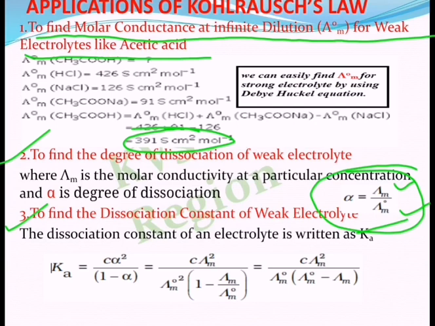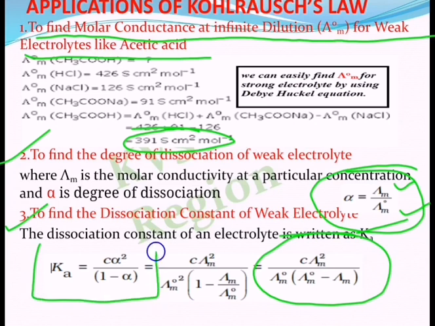The dissociation constant of an electrolyte is calculated with this formula, which you remember from 11th class: Ka is equal to C alpha square upon 1 minus alpha. And finally we reach this formula: C lambda m square upon lambda naught m times (lambda naught m minus lambda m). Lambda naught m is the molar conductivity at infinite dilution and lambda m is the molar conductivity at a particular concentration.